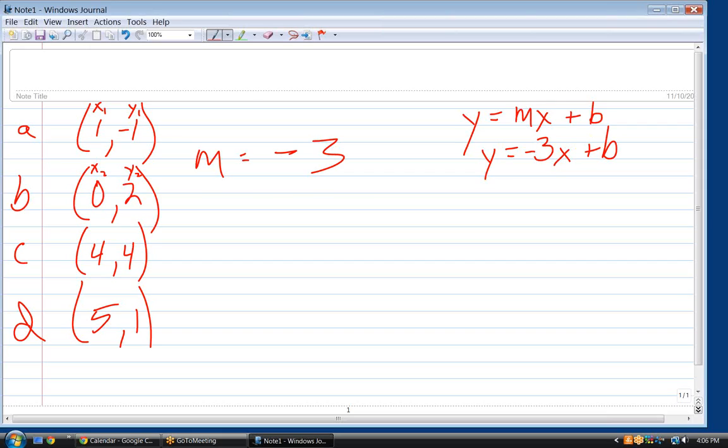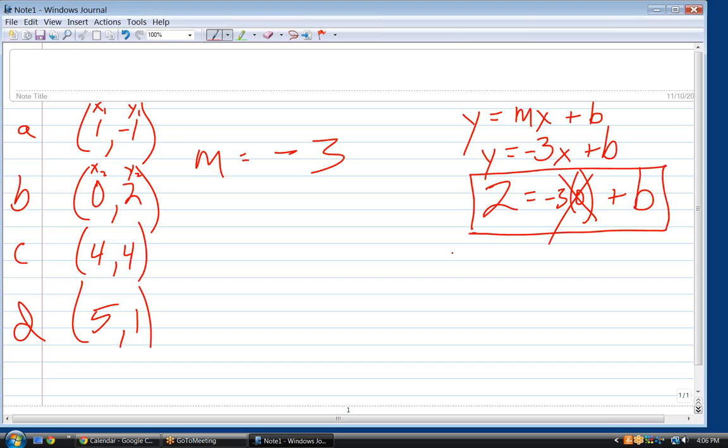0 and 2. That's the easier one for sure, because the moment I plug in 0 for x, it takes care of that term. So what's b equal to? Negative 1. Now hold on. Look at my picture.